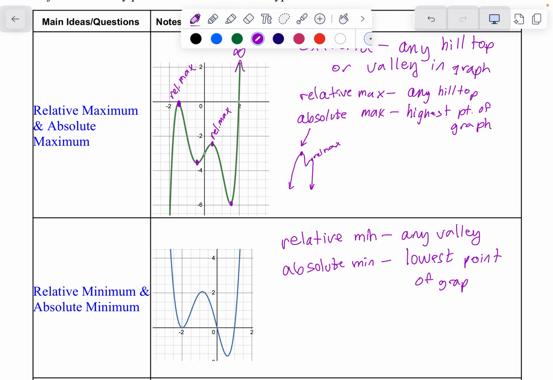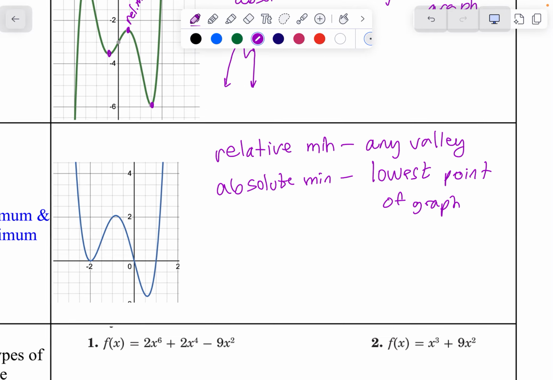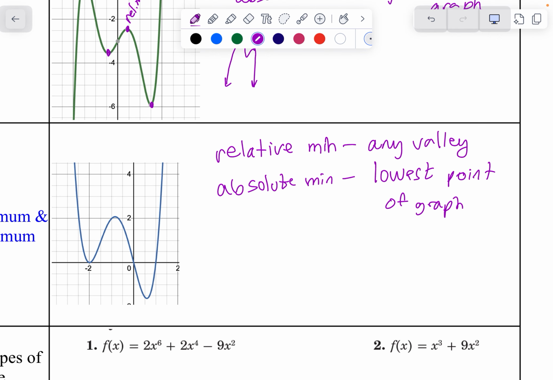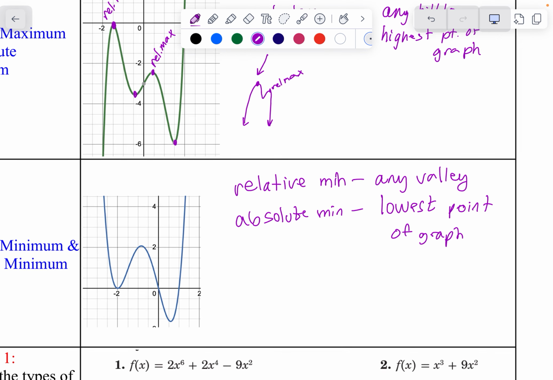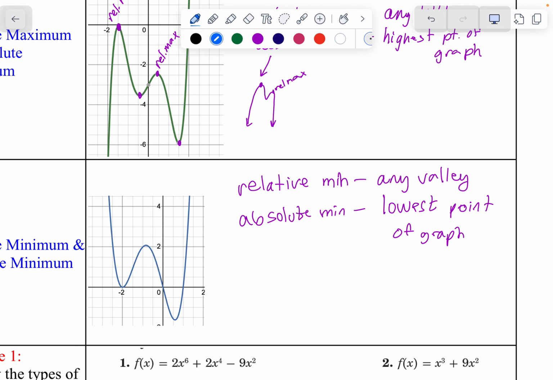Okay. So a relative min is any valley in the graph. So like if we look at that first graph, this is a relative min. This is a relative min.